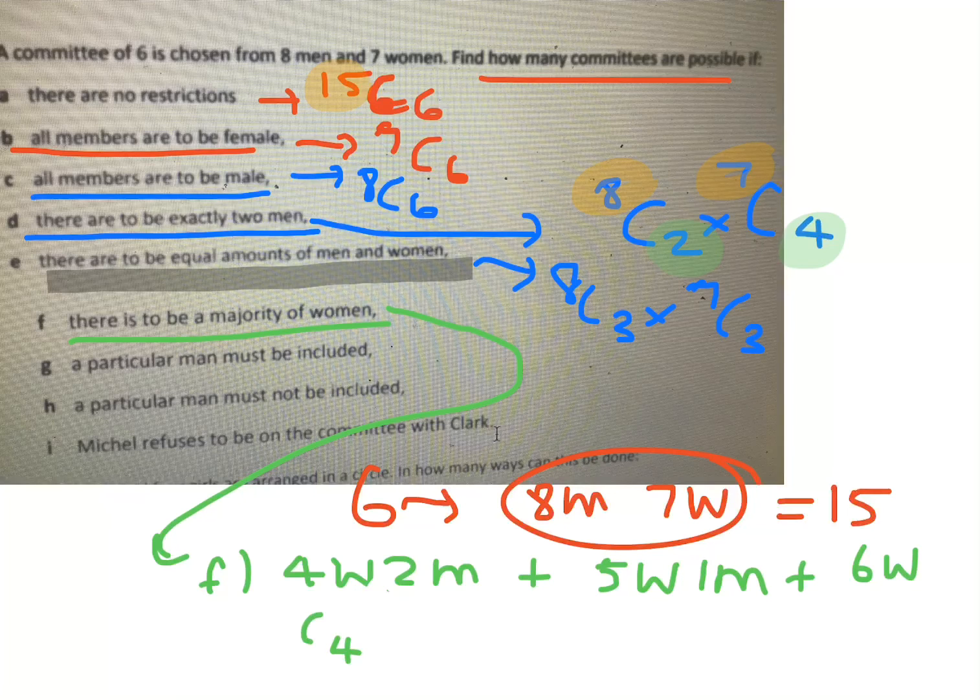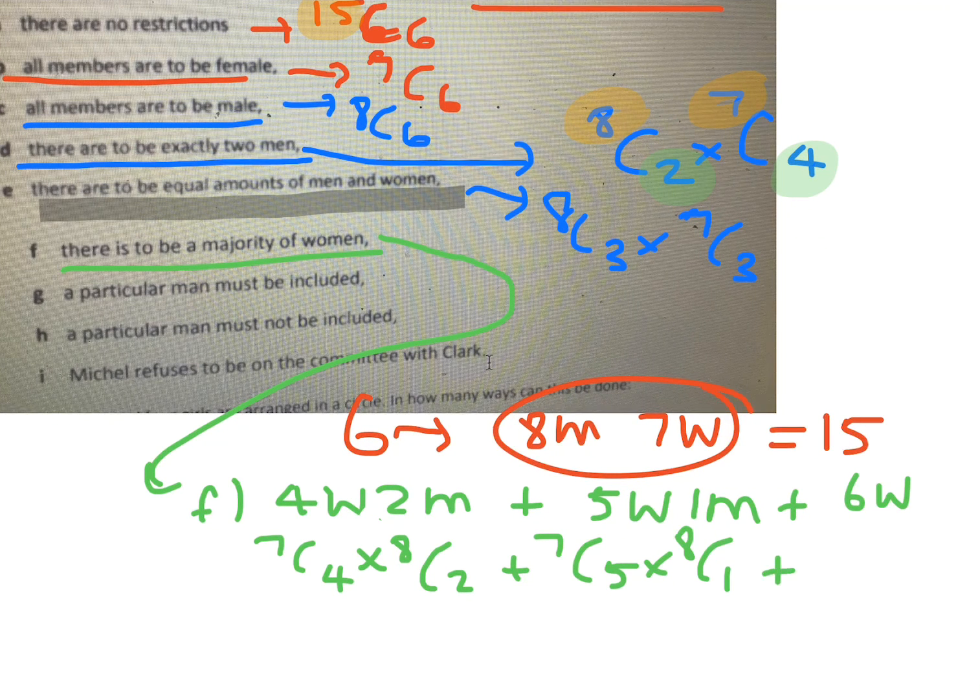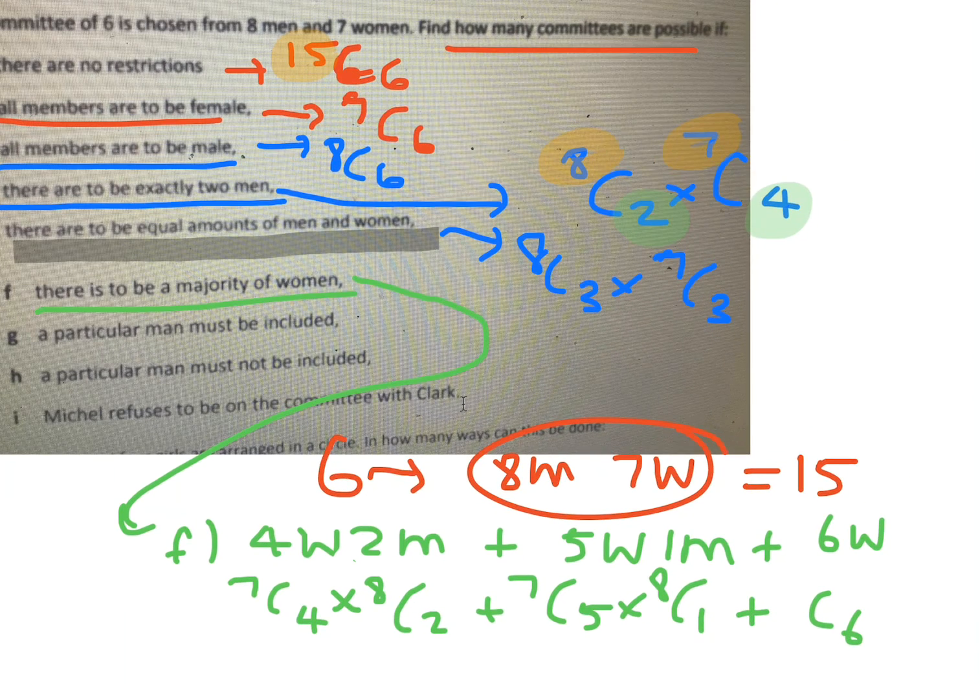So 4 women would be 7C4 times 8C2. 5 women would be 7C5 times 8C1. And 6 women would be 6 from the 7, so 7C6 and none from the males.